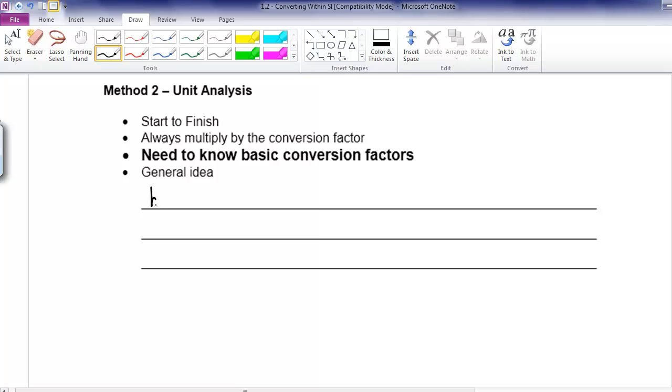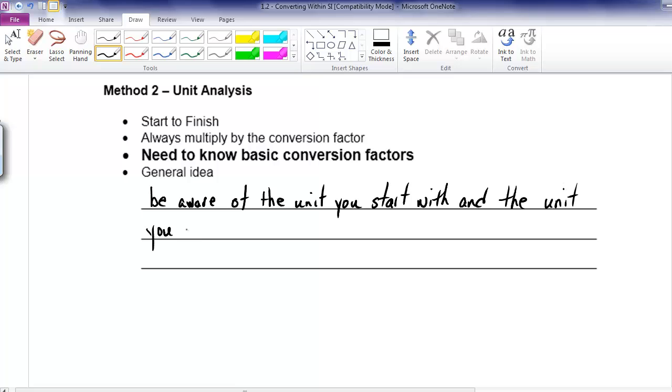So our general idea then is we want to be aware of the unit you start with, and the unit you want to finish with, and use conversion factors to eliminate unwanted units.